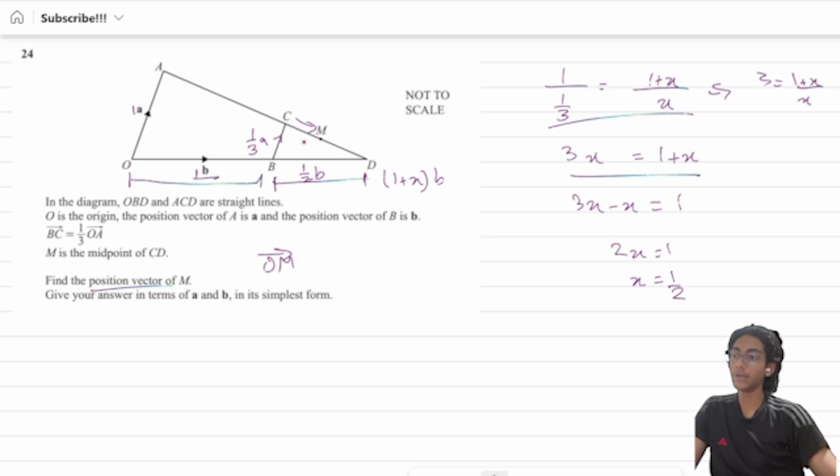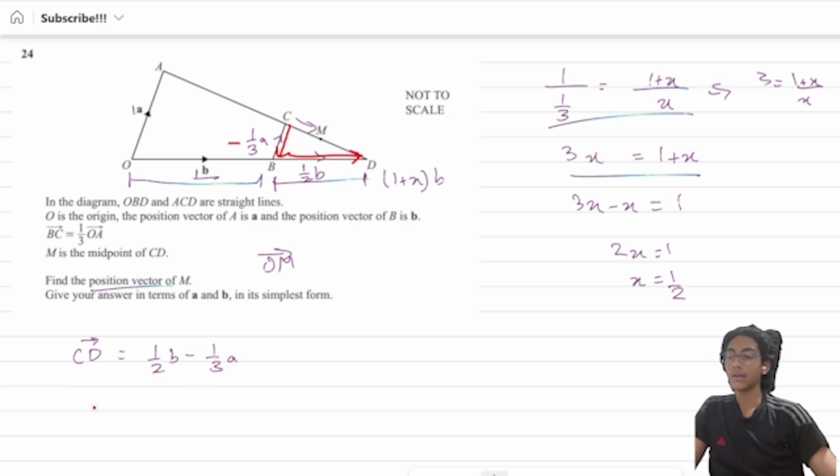So one way would be to go down from here and then go right from here. The direction of the vector 1 over 2b is in this direction. So now all we need to do is find the vector downwards from CB. That would just be negative 1 over 3a. So let's put that together, giving us CD equals 1 over 2b minus 1 over 3a, right?